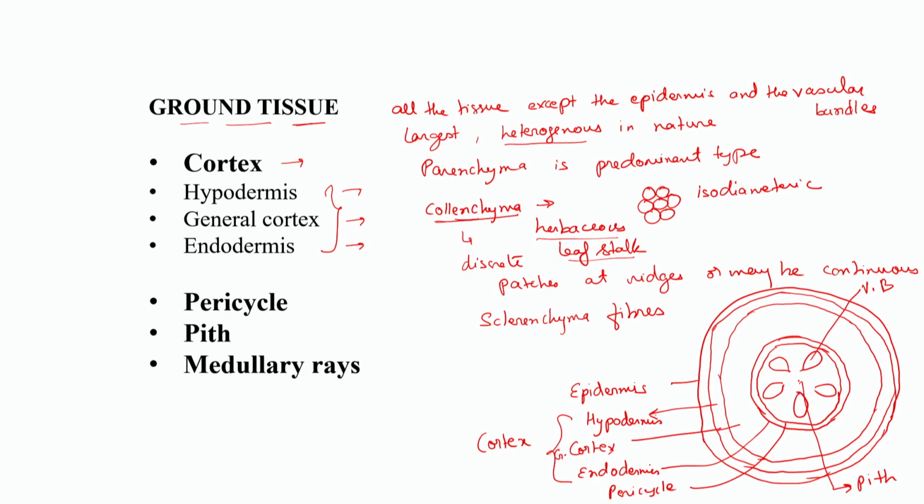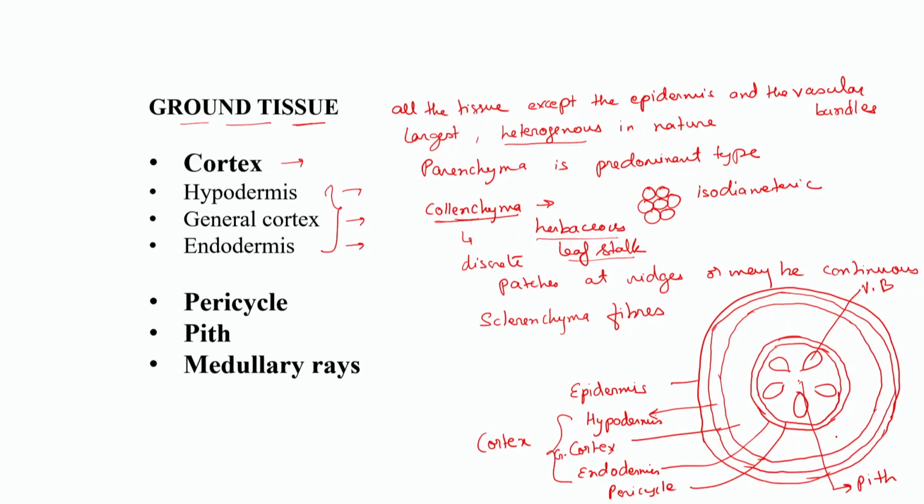Now it's not that every internal organization will be like this only. This is just a generalized structure which I have drawn. You will see a lot of variations in monocot arrangement, in dicot arrangement. Even in dicot also you can have a different variation in different cell types which are present in different layers. Okay, so that all we will discuss later, how some of the variations are coming out.